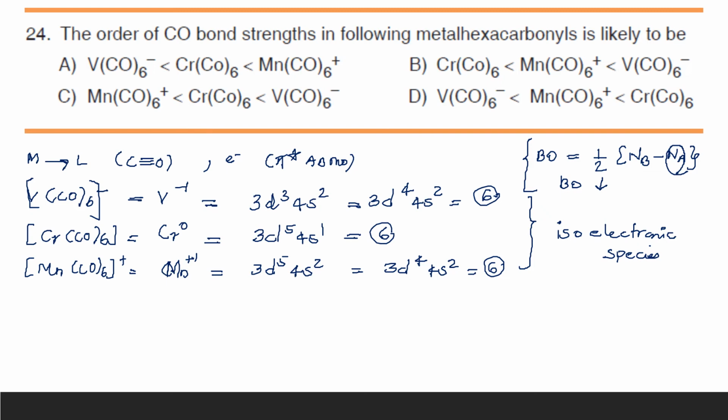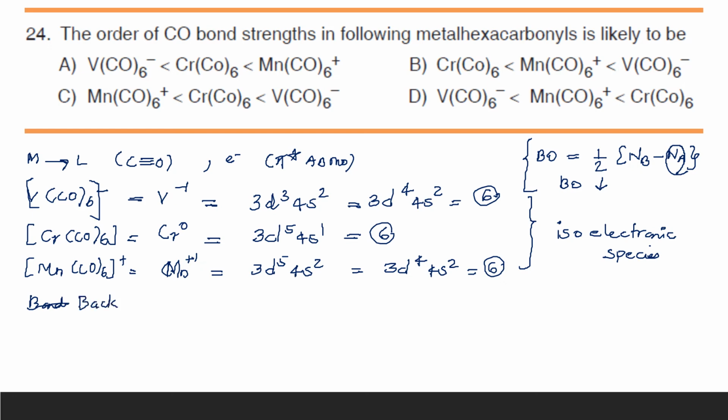Even though the metal is different, you have the same ligand, carbon monoxide, and moreover they are isoelectronic species. So you can just look at the oxidation state of the metal to arrive at a conclusion about where you can have higher back bonding. You know that when the metal is in lower oxidation state, there is higher back bonding. So we'll just write down the order of back bonding.